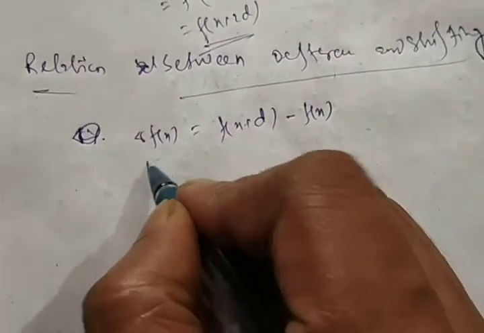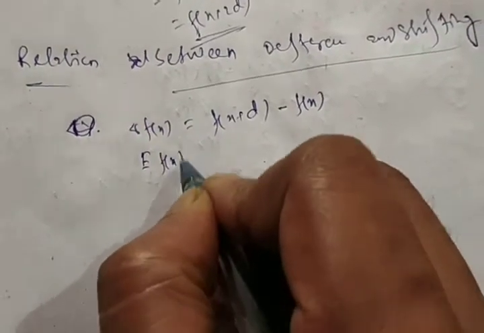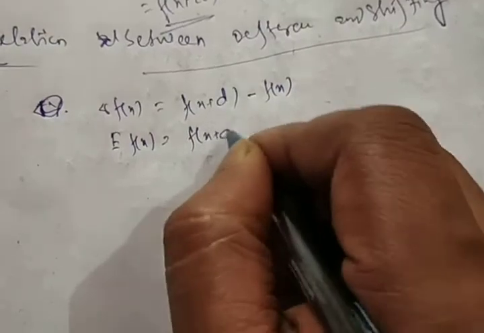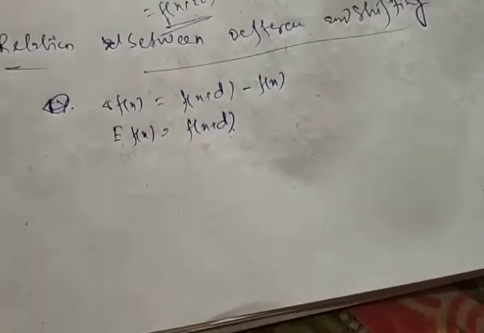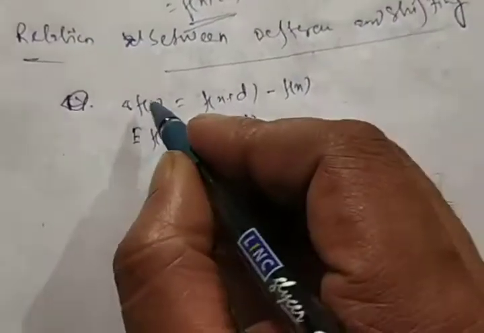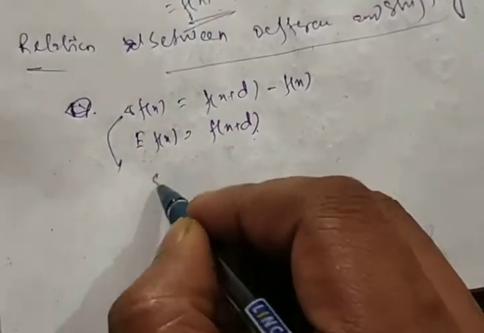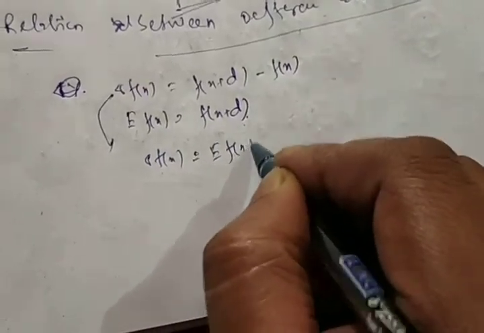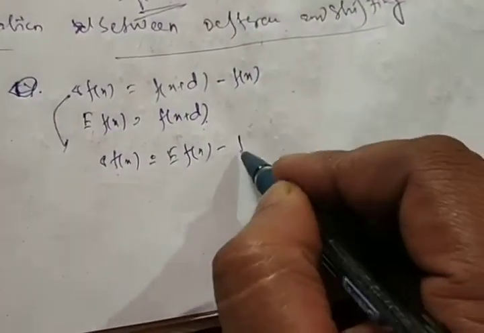And E of f x equals f of x plus d. So we can write delta f x equals E of f x minus f x.